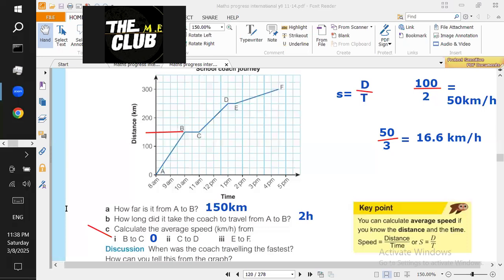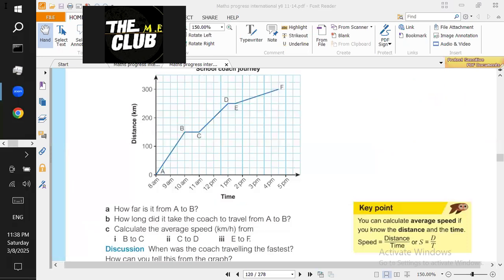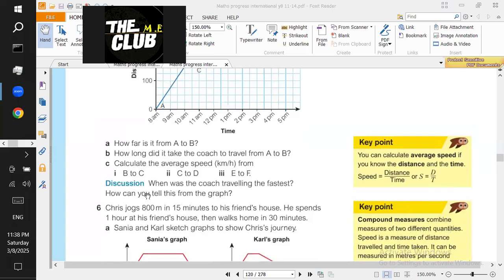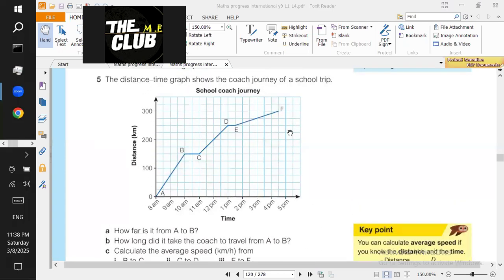Now let's move on. When was the coach traveling the fastest? How can you tell from this graph? It depends on the steepness, or inclination, of the line. This line is steeper than this line, do you see? Steepness means the tilting of a line.